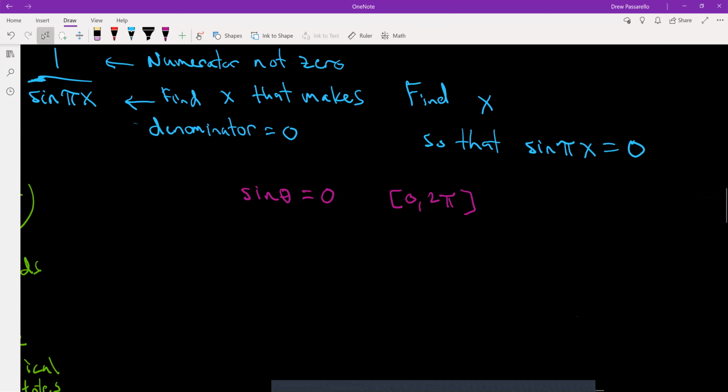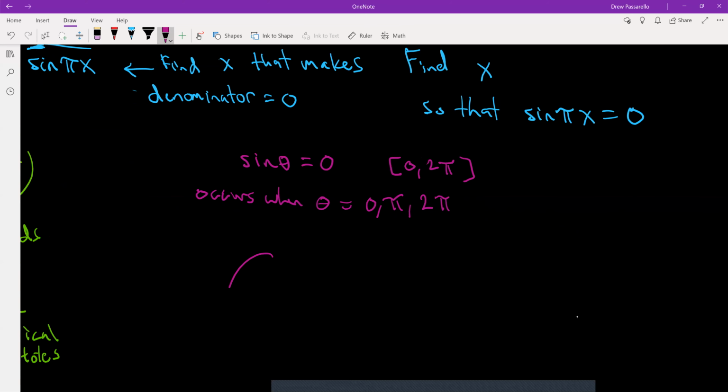That occurs when theta is 0, pi, and 2 pi, right? Because on the unit circle, the points where sine is 0 are on the x-axis. Start out at 1, 0. Go pi radians, I end up at -1, 0. And then 2 pi radians, I end up back at 1, 0.